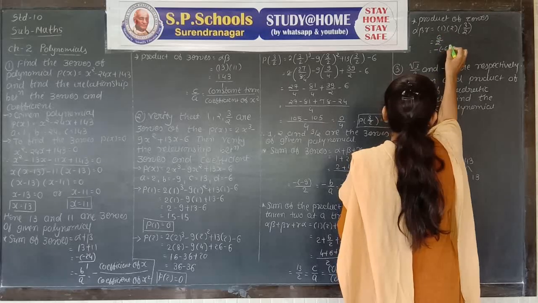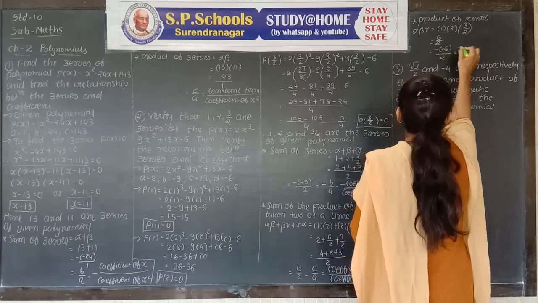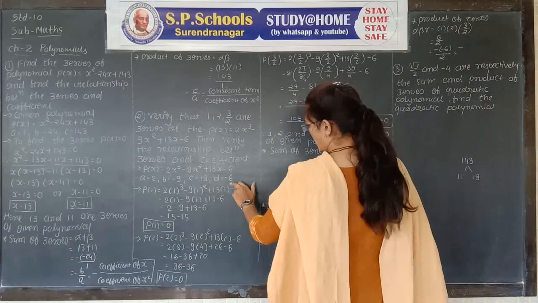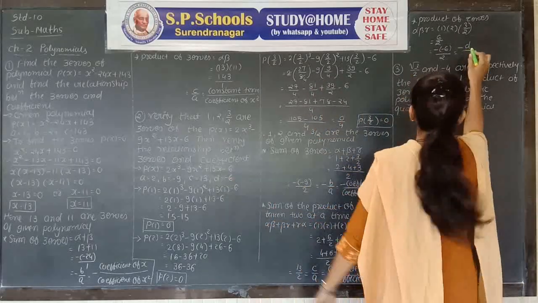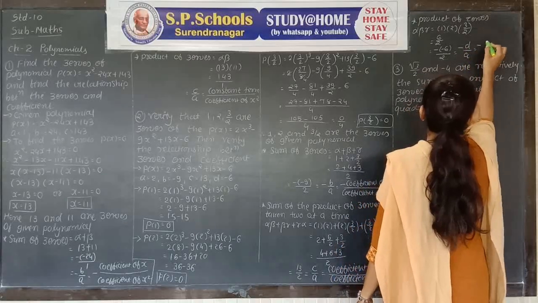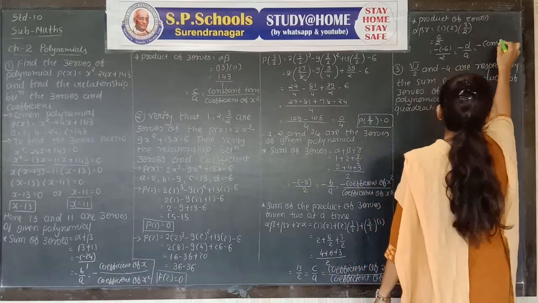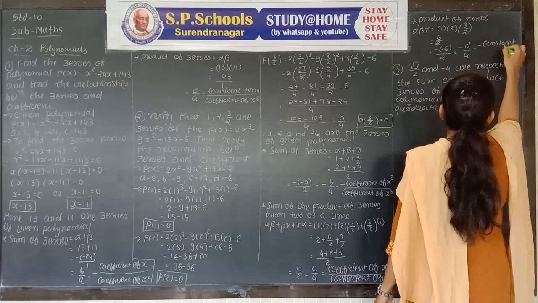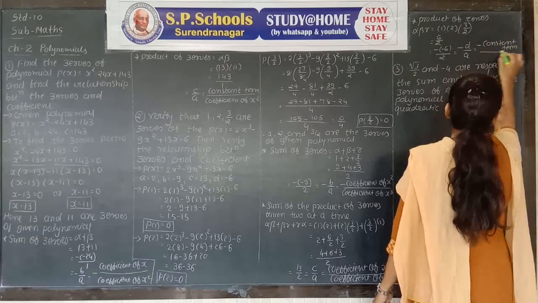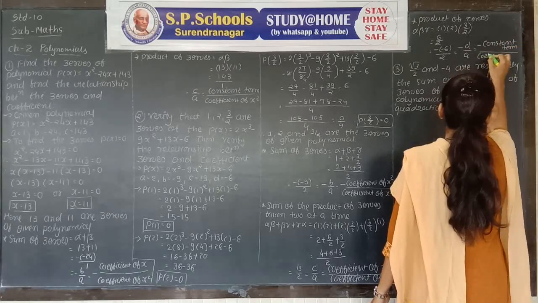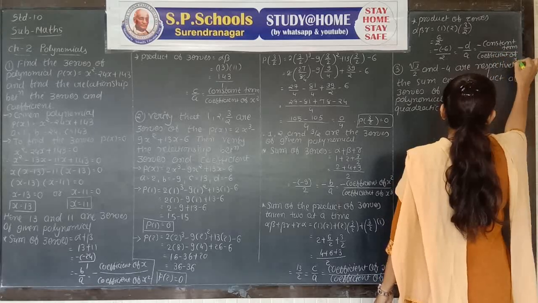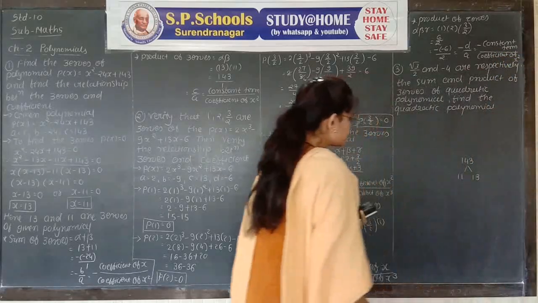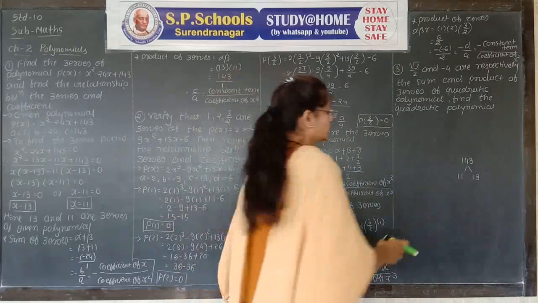Minus of minus 6 upon 2, minus as it is, instead of minus 6 which is d and instead of 2 which is a, where the minus is as it is, d is the constant term and a is the coefficient of x cube.